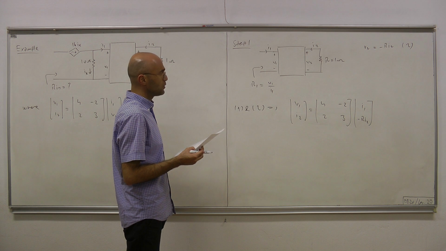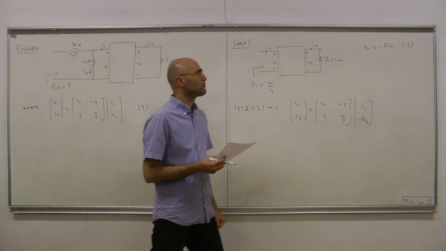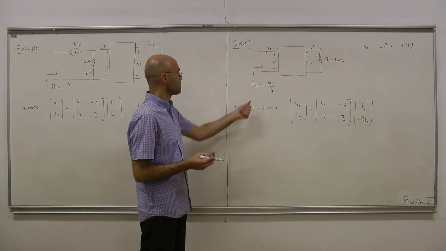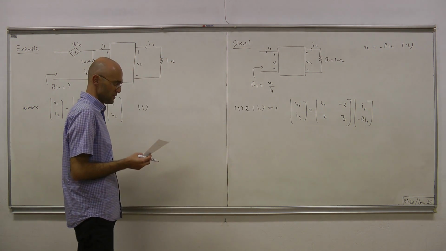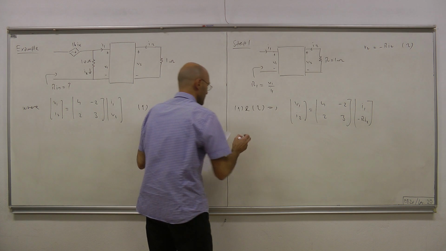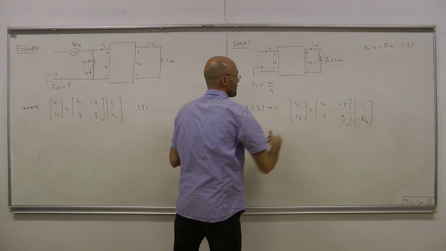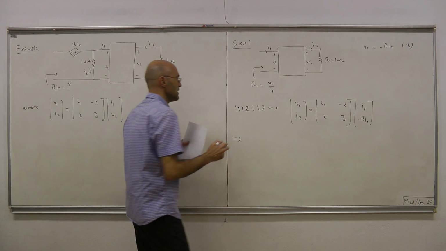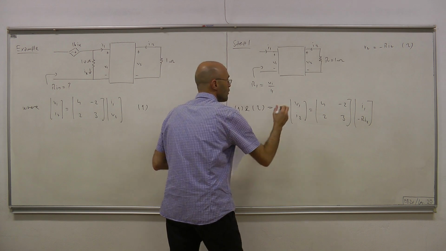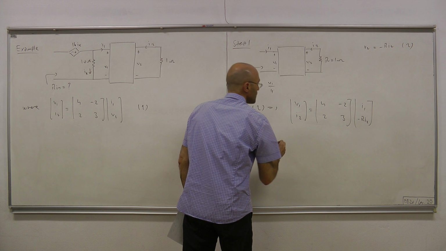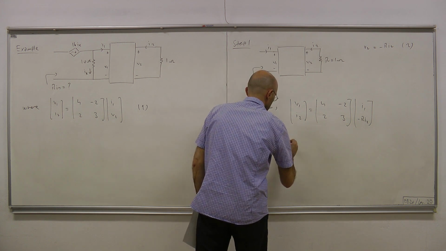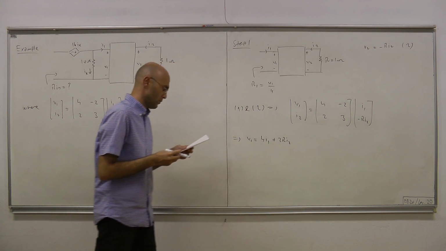Okay. Now what we will do is, from this equation, we will try to obtain this ratio, V1 over I1, and that will give us input resistance. So let's go ahead and do that. So let's write those equations individually. V1 equals 4I1 plus 2R I2. Okay.